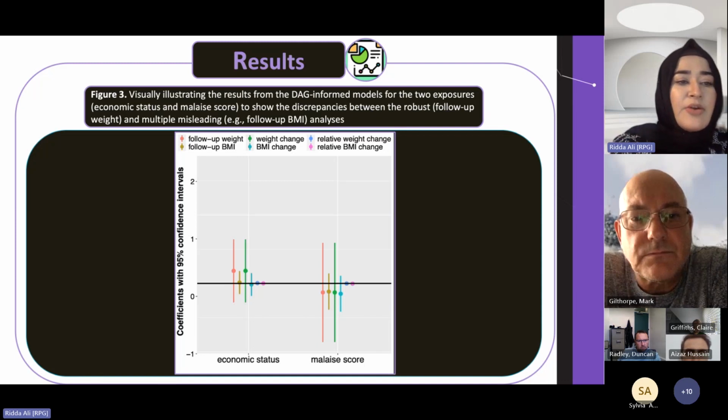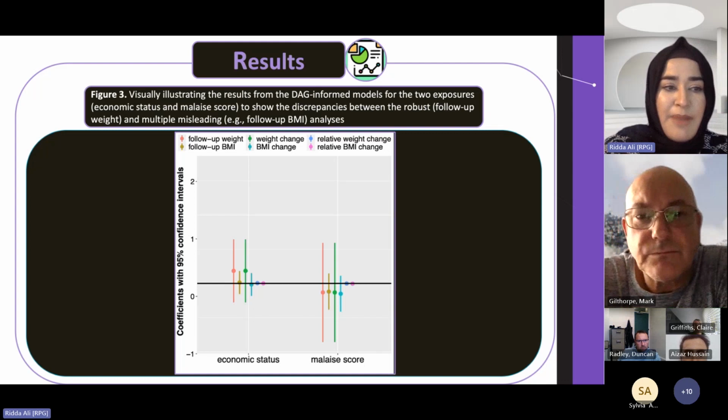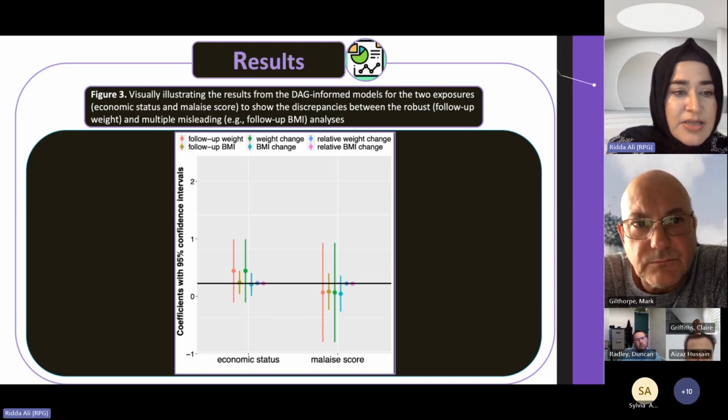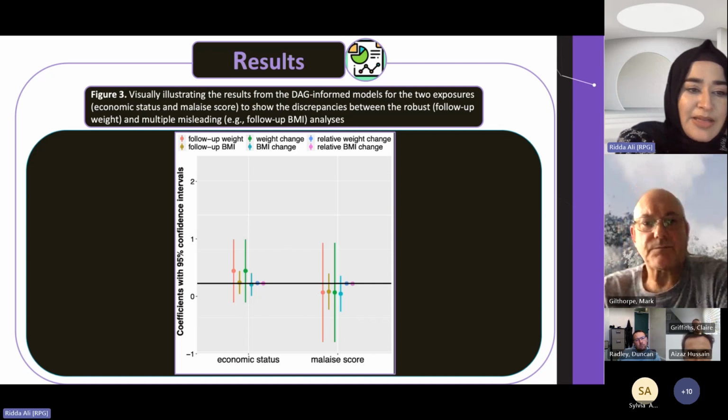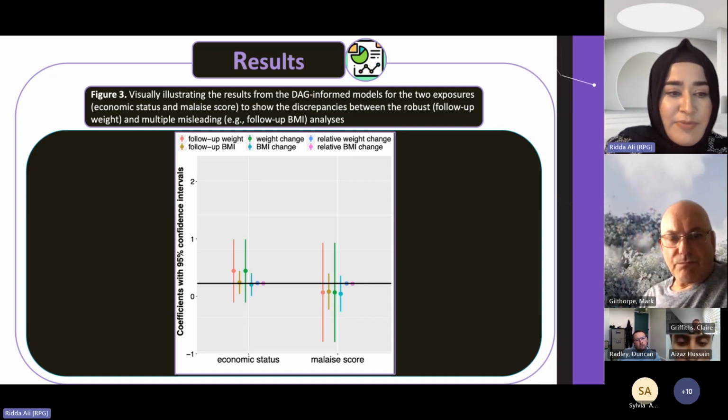When examining economic status and Malaise score as main exposures of interest for the impact on follow-up weight, baseline weight is a confounder, which allows the causal evaluation of the impact on weight change. Economic status and Malaise score are both binary variables that provide less information than a more detailed continuous variable, resulting in effect dilution as a result of dichotomization.